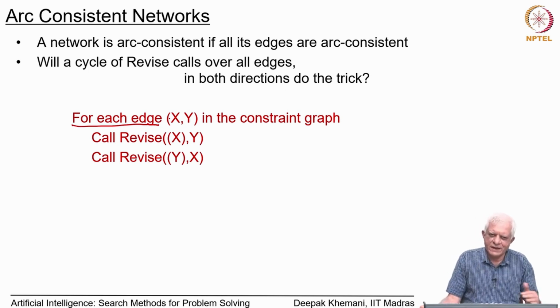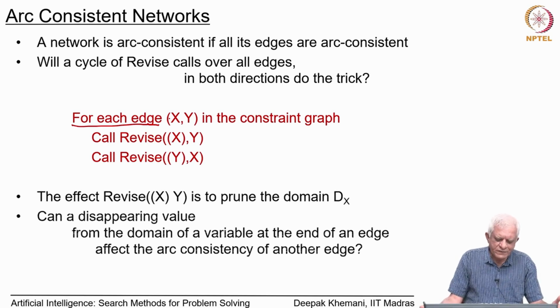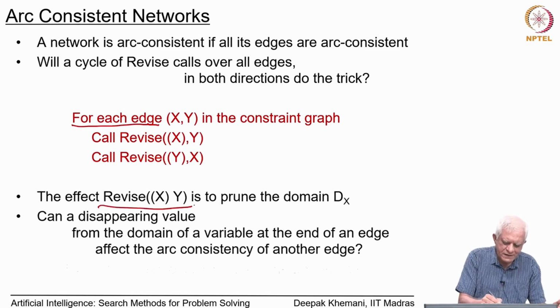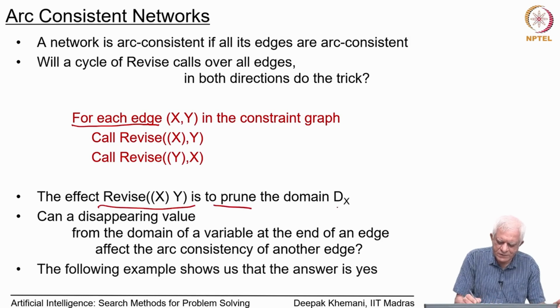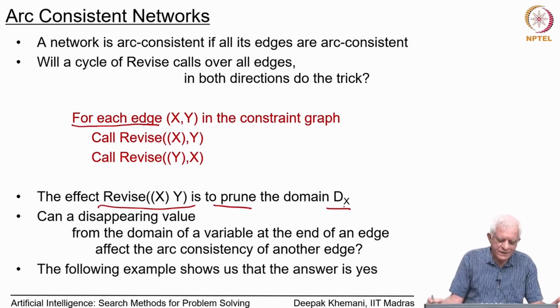The question that I would like you to ask is the following: we know that the effect of revise x y is to prune the domain of x. The question is, if a value disappears from the domain of x, will it affect the arc consistency of some other edge essentially?